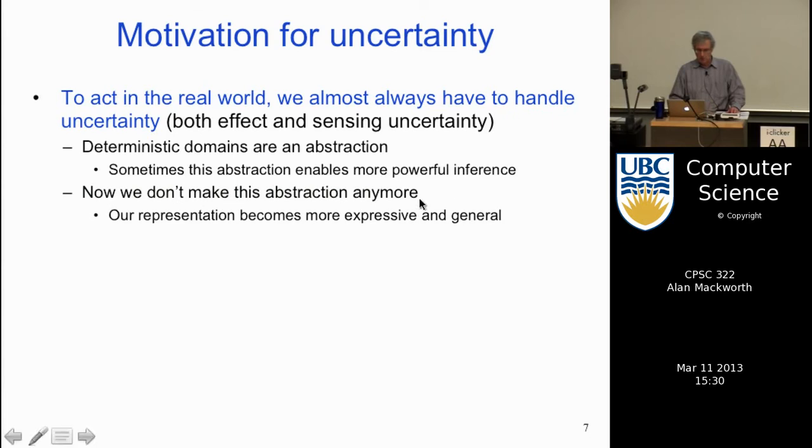But once you don't make the abstraction, you've got a more expressive and general representation, and the usual trade-off is that the more powerful your representation, the more complex the decision or inference procedures working with it. There's always this tension in AI between the power of the representation and the power of the inference procedure. There's no free lunch.